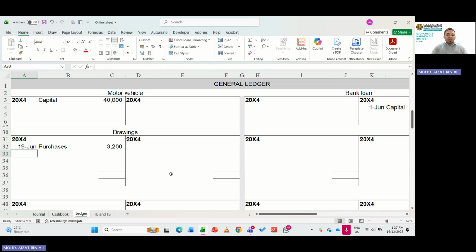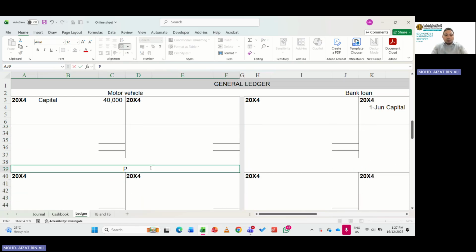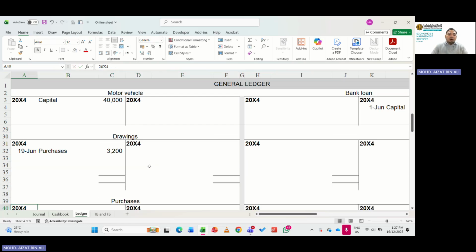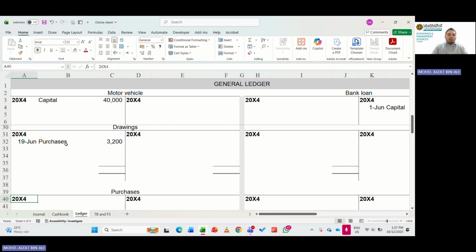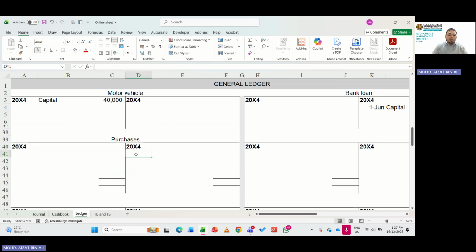No, we haven't opened purchases account yet, so let's open it. Because here the drawing is on debit with purchases as the particular, in purchases account it should be on credit. So 19 June, the particular would be drawings and the amount is the same, 3,200 ringgit.